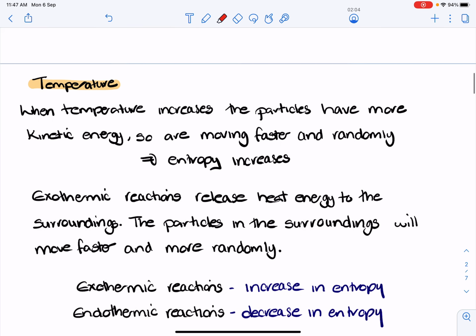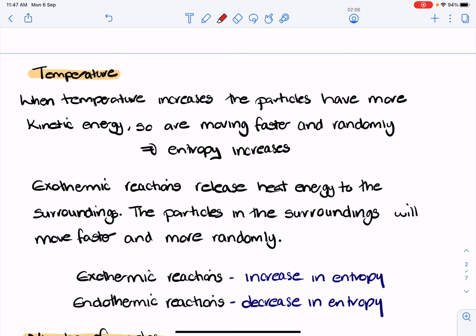Another way is looking at temperature. When temperature increases, the particles will have more kinetic energy, so they're moving faster and randomly, so therefore entropy would increase. If you're thinking about endothermic and exothermic reactions, if you remember, endothermic reactions absorb heat from the surroundings, exothermic reactions release heat to the surroundings.